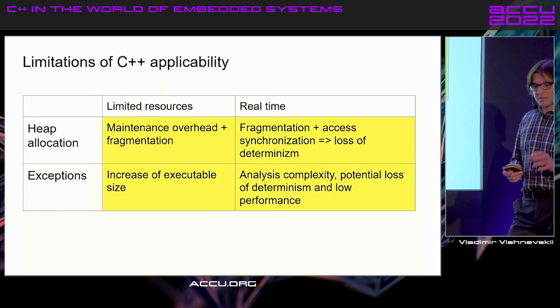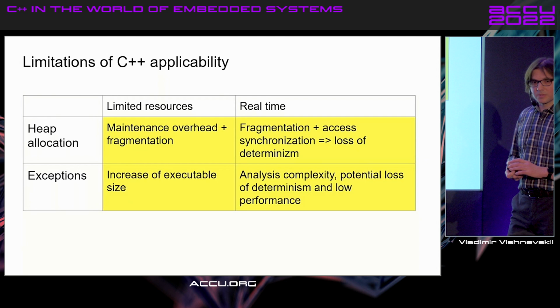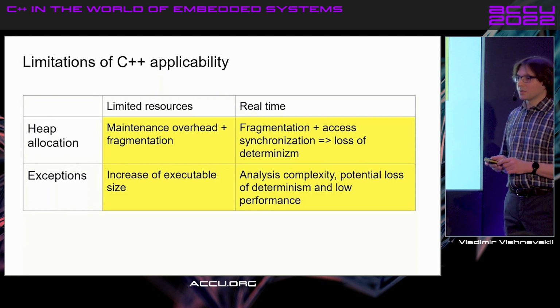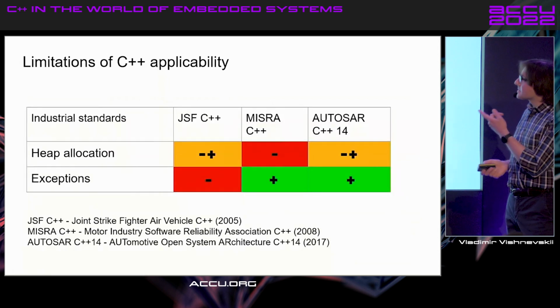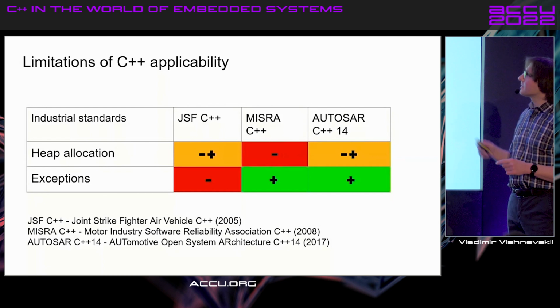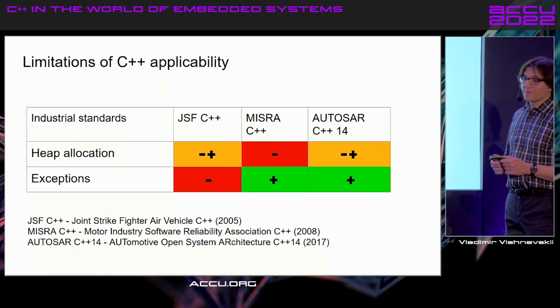So this vision changes a bit. The exceptions are not seen as critical as they were seen before, but this is reflected in the industrial standards that we can review here.